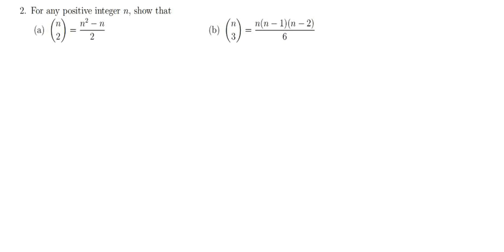Okay. So let us look at this question, which is saying for any positive integer n, show that part 1, which is part A, n choose 2 is equal to n squared minus n over 2. So we are just proving.